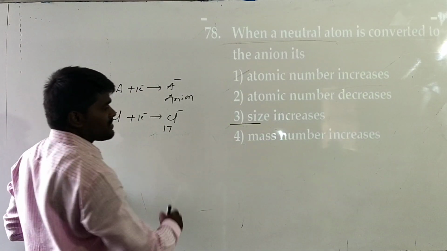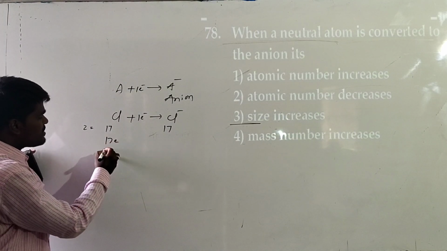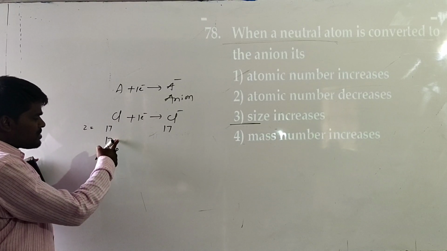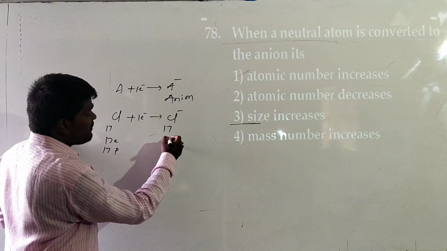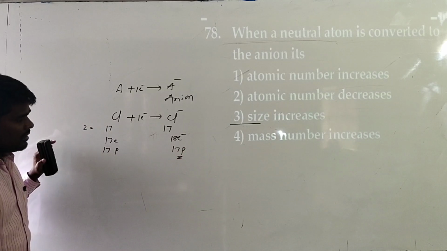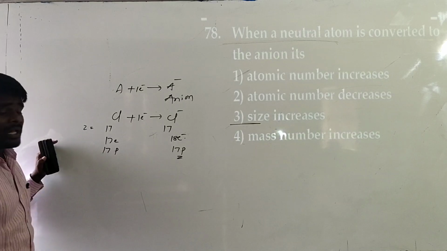But what happens? Size increases. How does the size increase? Here 17 electrons and 17 protons are there. 17 electrons are being attracted by 17 protons. But whereas here the number of electrons has become 18, the number of protons is the same. 17 protons are trying to attract these 18 electrons. What happens?